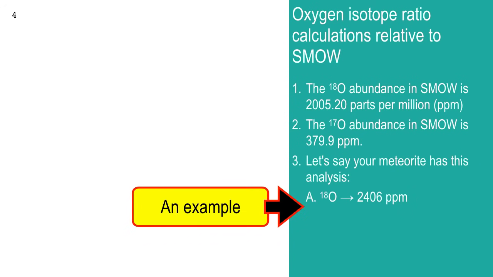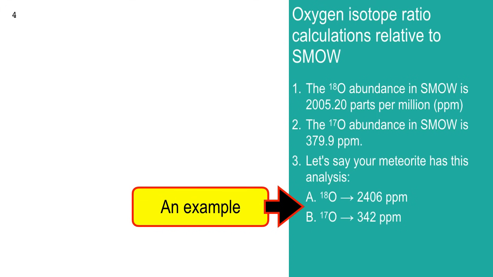Anyways, what we're going to do is use a meteorite. So we're going to use this example here. Go ahead and just jot, this is meteorite X, some imaginary meteorite. And we're going to say that its oxygen 18 abundance is 2406 parts per million, just to say that we've got a fairly nice round number.